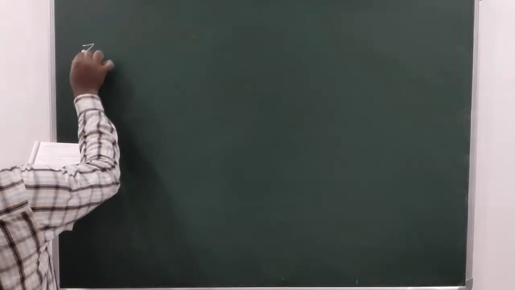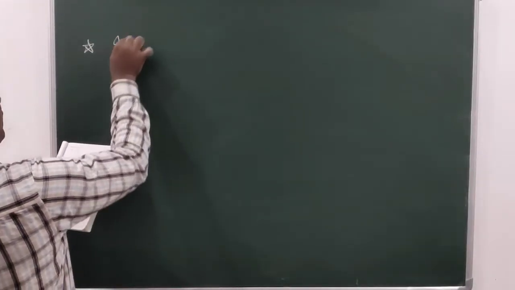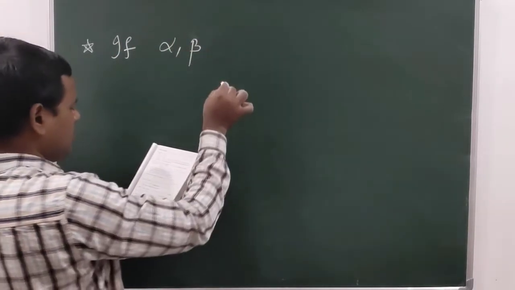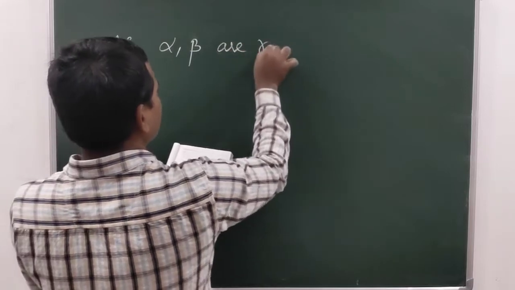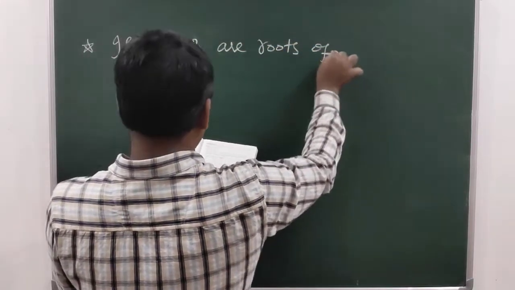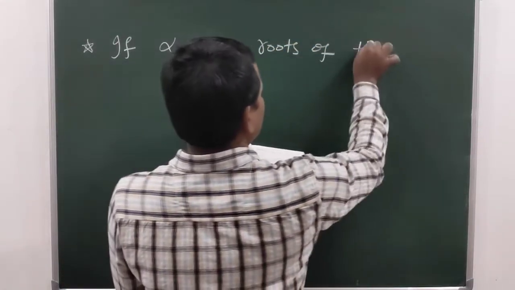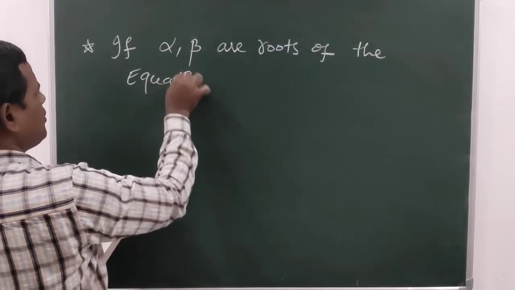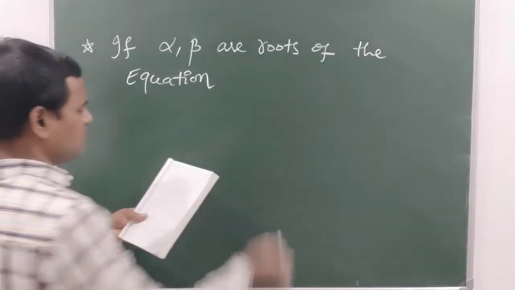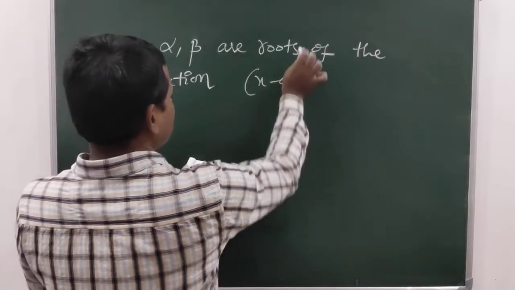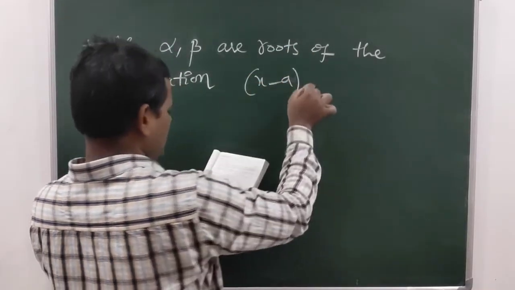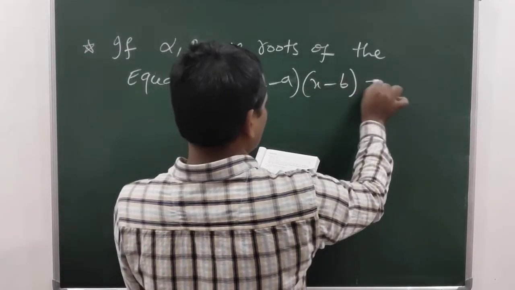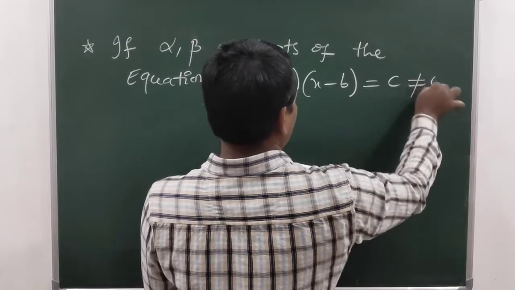See, if alpha, beta are the roots of the equation (x minus a) into (x minus b) is equal to c, where the c value is not equal to 0.